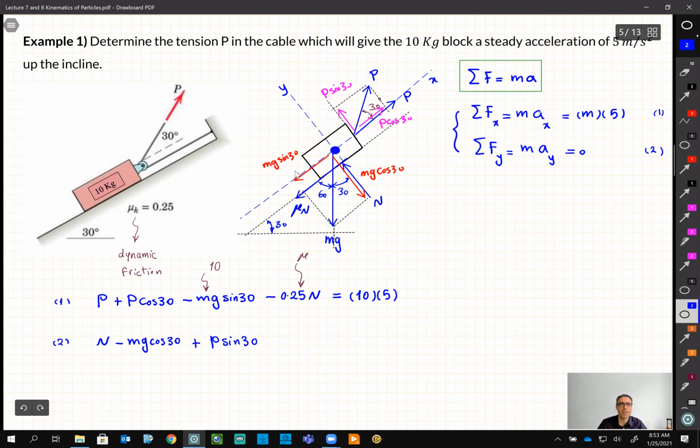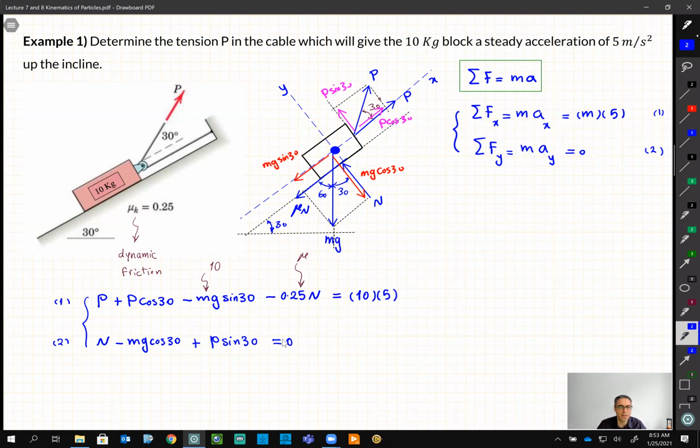Okay? So we have P sine 30, and all of this has to be equal to 0. Because we don't have any acceleration there. Good to go. We have 2 unknowns and 2 equations. From here, I'll let you guys go because the rest is super simple.